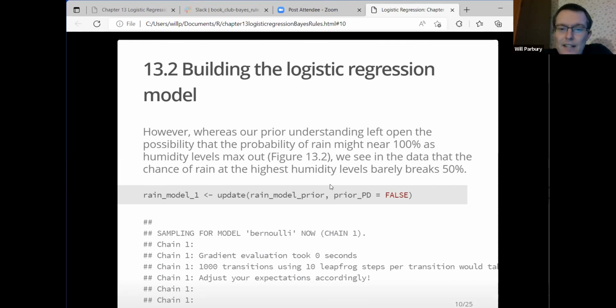In reality, from the data, that isn't the case. It's still the higher the humidity, the more it rains, but it doesn't rain very much.